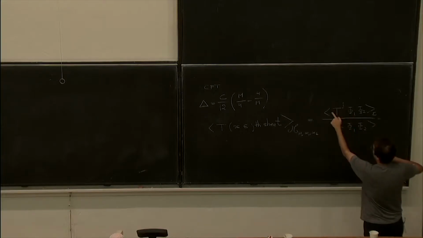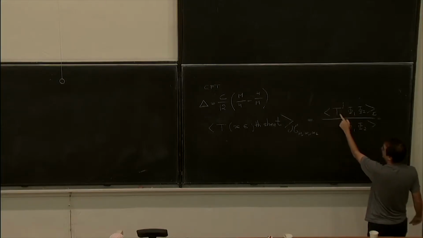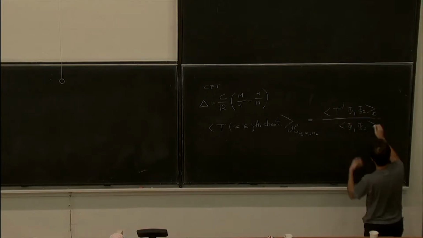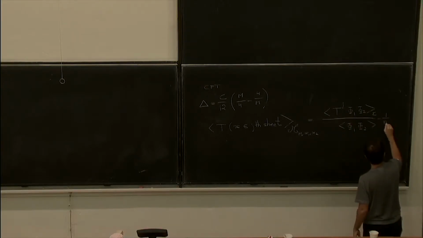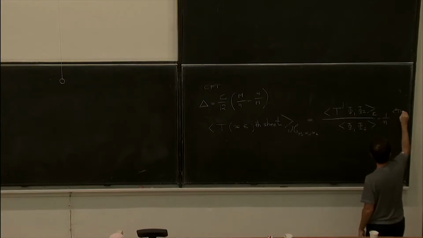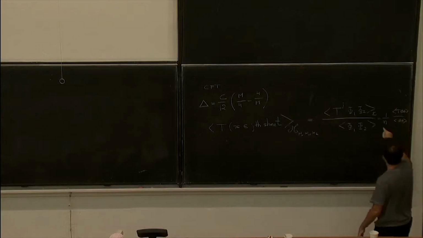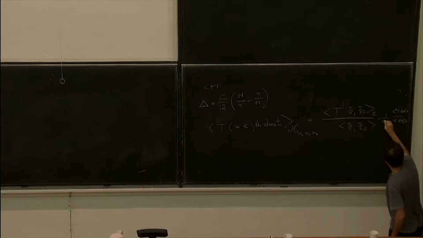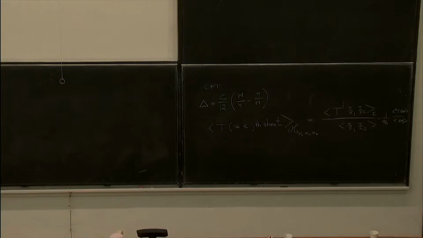If I were to sum over all copies and they all give the same result, it would be the full stress tensor here on C. So on the other hand, this computation here is 1 over n times the same with T phi phi over phi phi, just because I have one copy here, and each copy gives the same thing. And the n is m over 4. There are m over 4 sheets.